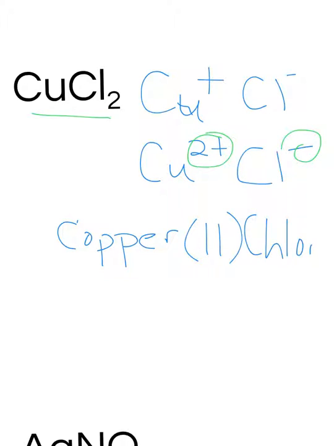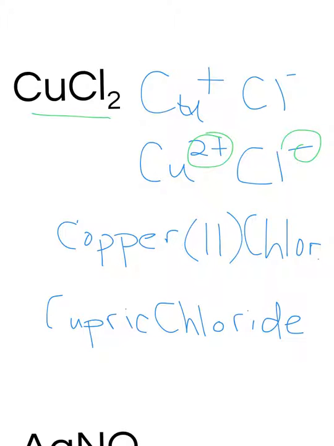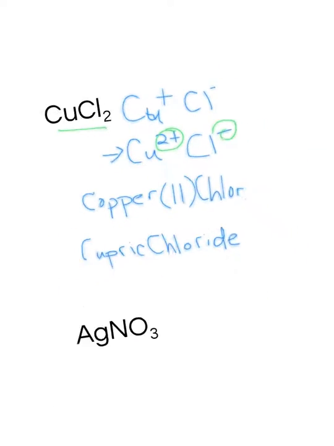And I'm not going to be able to fit that in, folks, but there we go. Another name for it is cupric chloride. So the IC ending is what we give when the metal ion that is in a formula is the higher of the two possible charges. All right, next example.